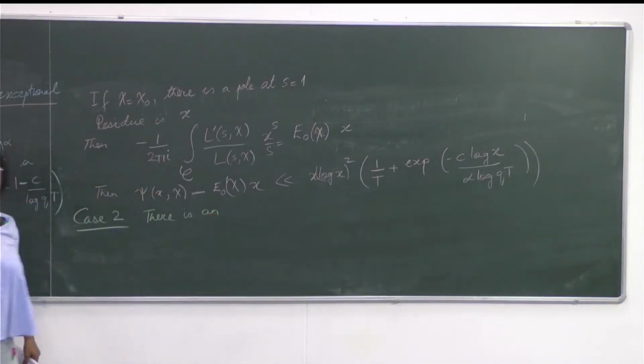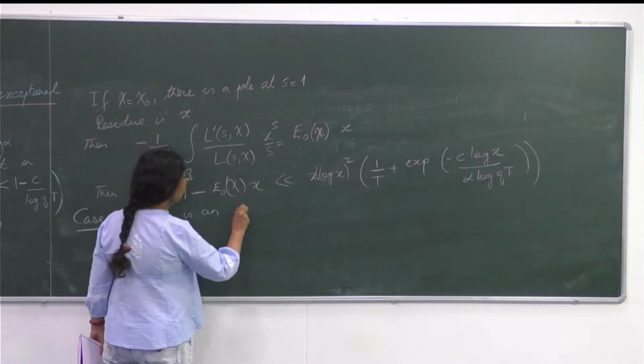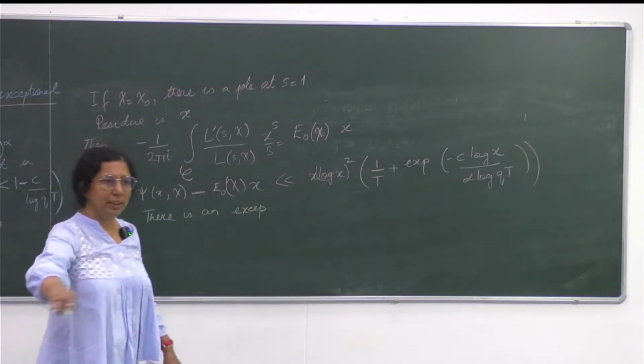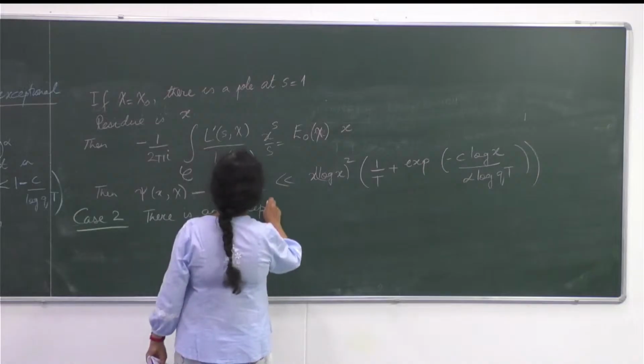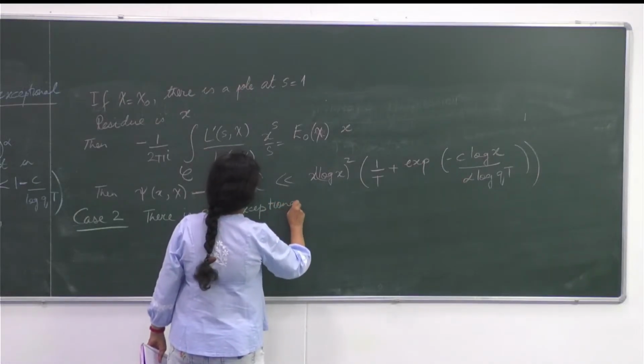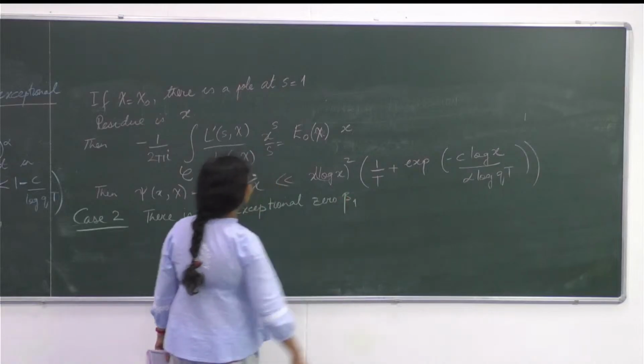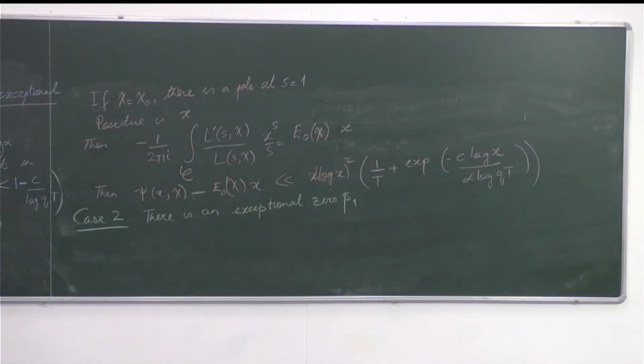I'm allowed to write an exceptional zero because I know that if it exists, there is only one. It's already bad enough; we don't want many of them. I call it beta 1.